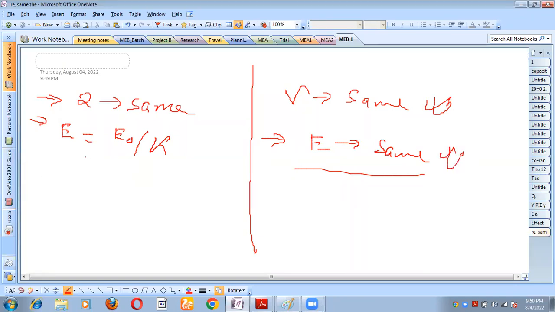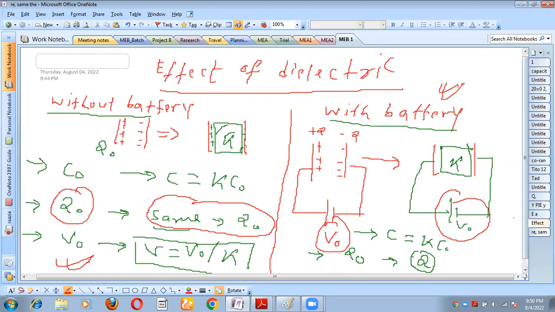In the first case, without battery, the electric field decreases and charge remains the same. Understood till now? Any doubt, please ask. Understood the difference? Yes, sir.